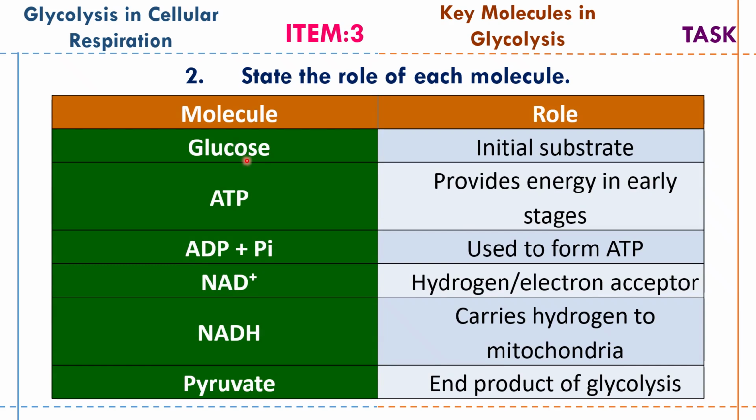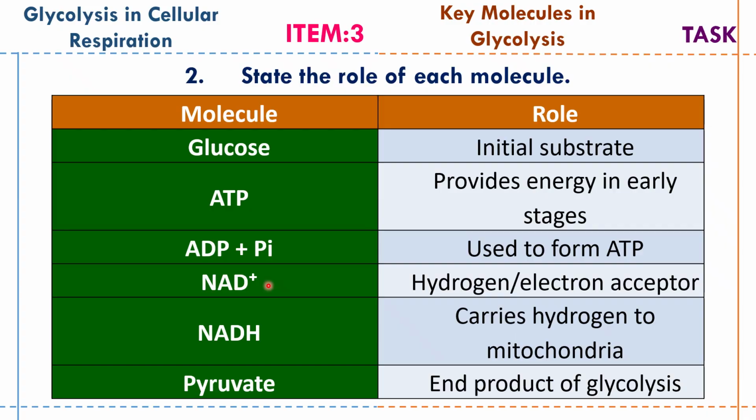Glucose is the initial substrate. ATP provides energy in the early stages. ADP plus inorganic phosphate is used to form ATP.